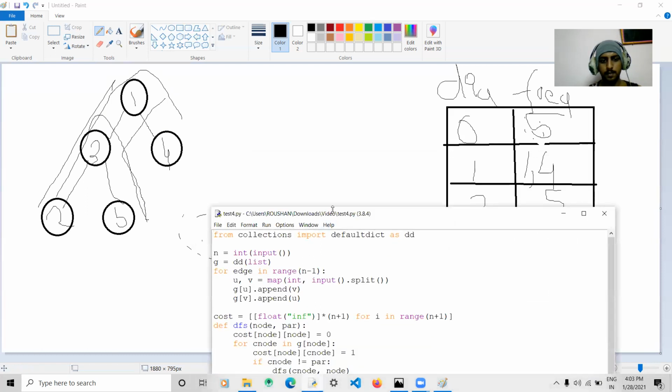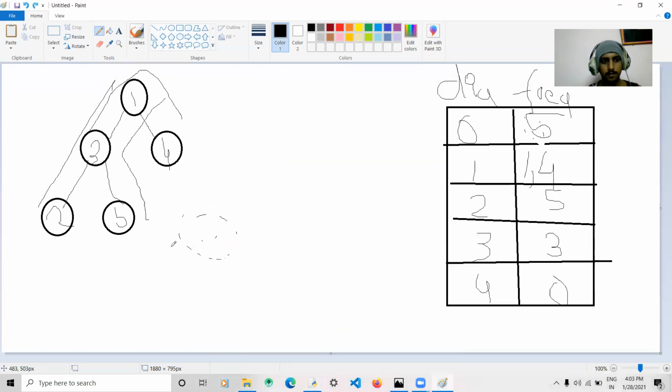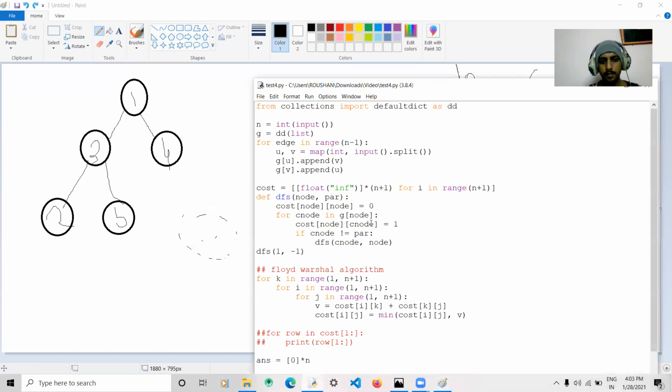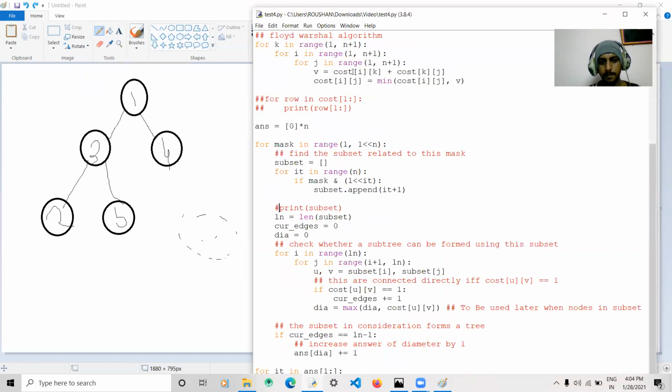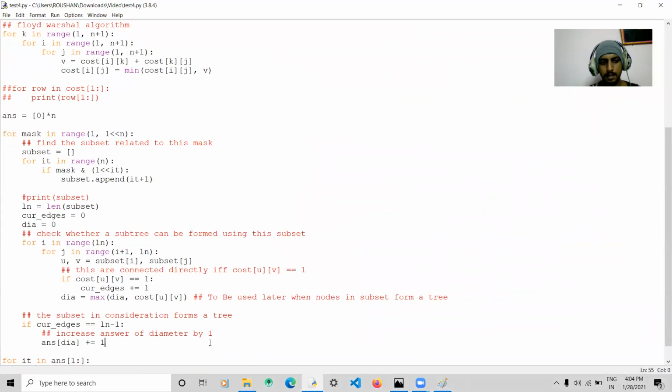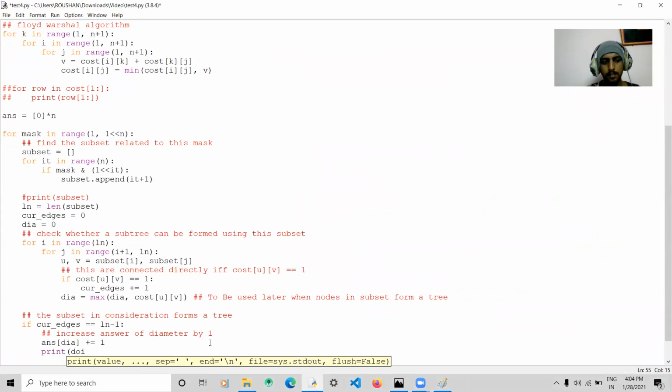Which one is the fifth one? Let's see which one is the fifth one. Print subset. Here we're increasing diameter, so we will see what diameter went to what subset.